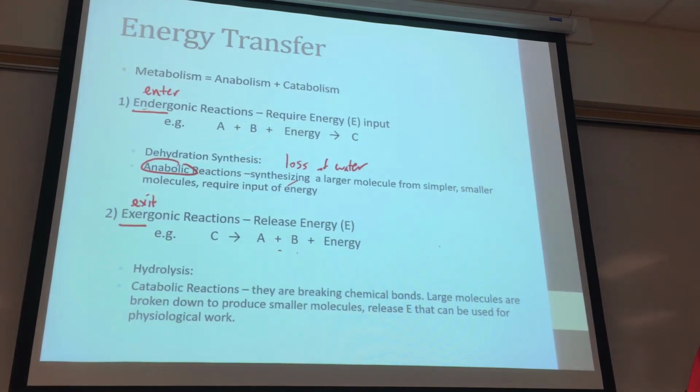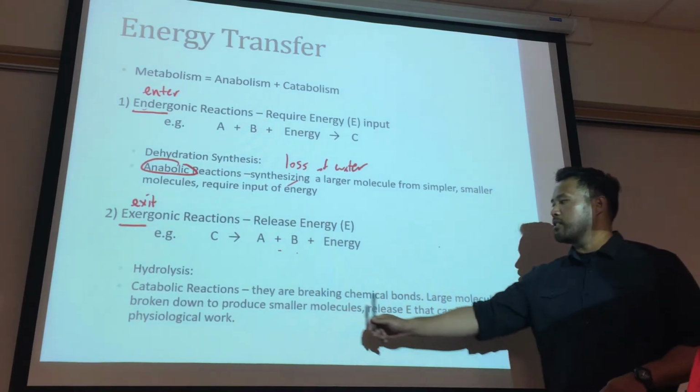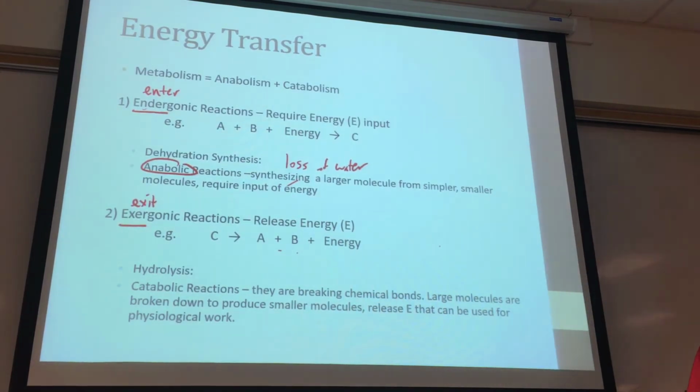Now, exergonic reactions are catabolic reactions. This is where you're breaking apart those bonds. Yes? Can you, where this is synthesize a large molecule from a simpler, smaller molecule? Like, I don't understand that. Like, making simpler together. Putting molecules together. So basically, you're creating a bigger molecule by putting smaller molecules together.